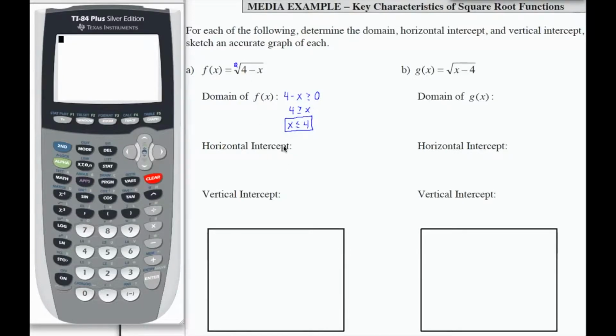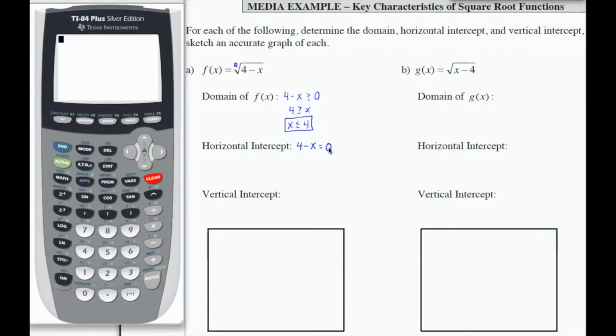If I want to find the horizontal intercept, then I want to set what's underneath the radical to 0, because I want to know what input value is going to give me an output of 0. That's the location of the horizontal intercept. Because it's on the horizontal axis, the output is 0.